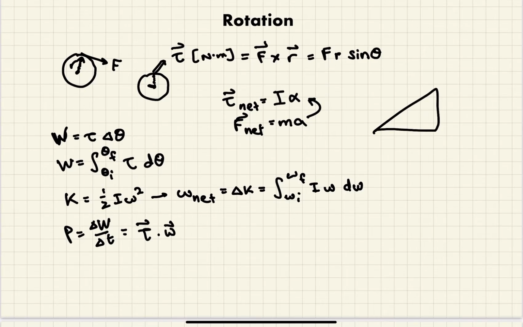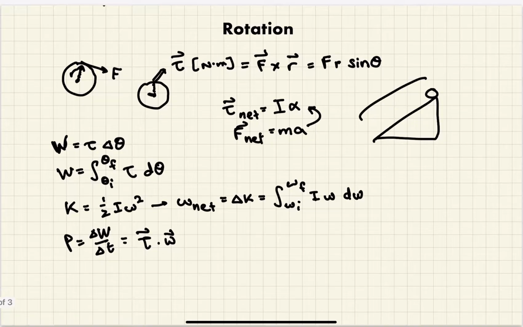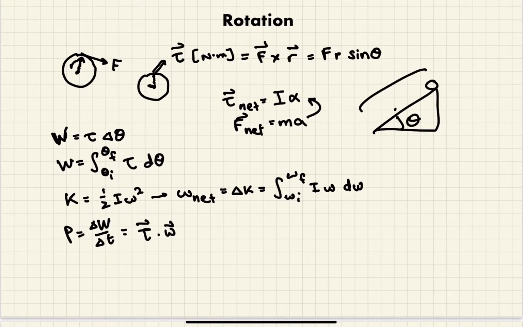I think you did a lab where you rolled different objects down the incline, and the conclusion is that the object with smaller moment of inertia reaches the bottom first. You can solve for variables like the velocity and the time it takes, if you're given the distance, the moment of inertia or the mass and radius, and the angle of the incline. But we're not going to be doing that here, because you're probably never going to use those formulas ever again.